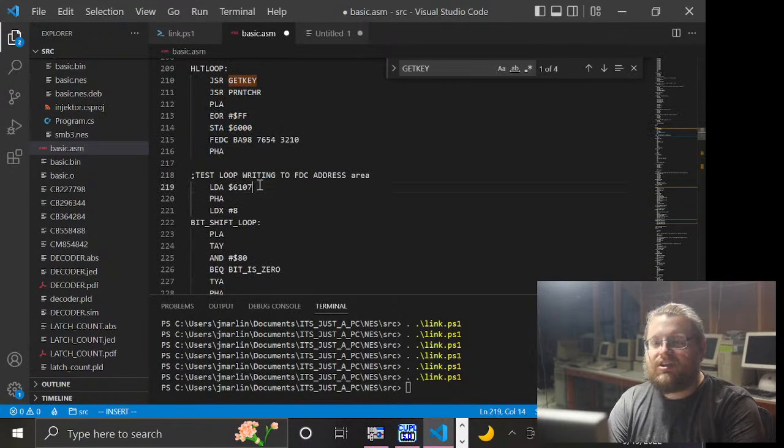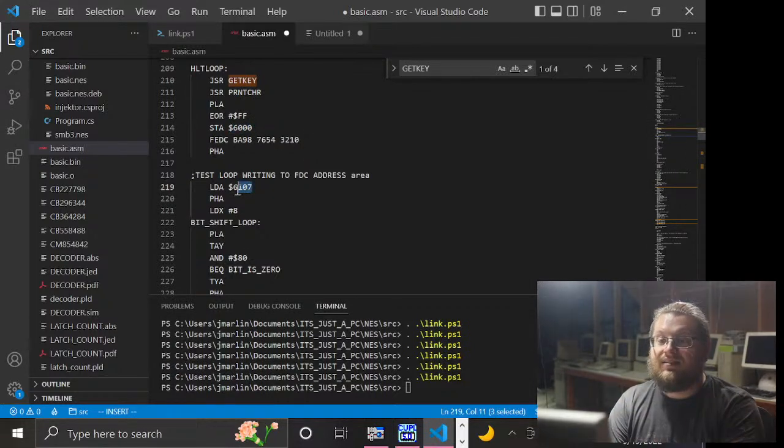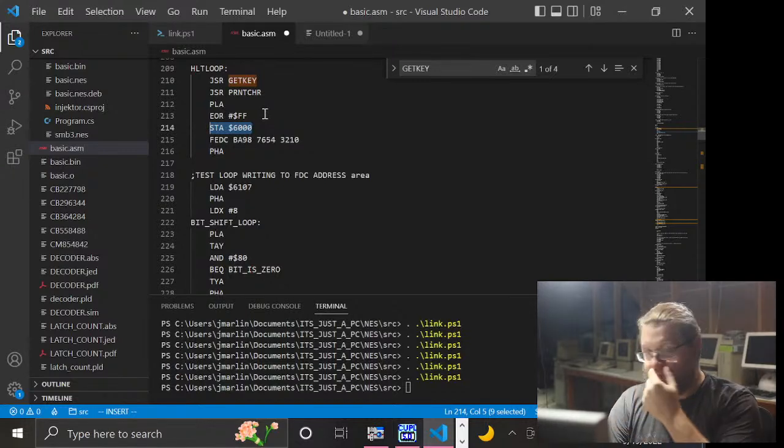When A11 is low, it addresses that, and when A11 is high, it addresses the floppy controller. So this is correct for addressing the little toggle register.